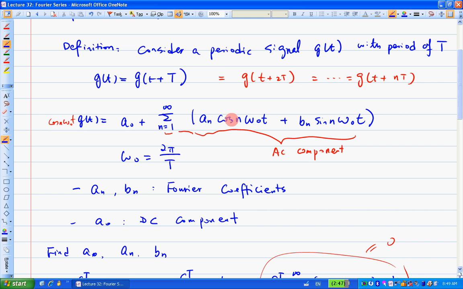You're decomposing the original periodic function, which has a fundamental frequency omega naught, using a linear combination of multiples of this fundamental frequency oscillations: 2 omega naught, 3 omega naught, 4 omega naught, 5 omega naught. Not 1.5 omega naught, not 1.2 omega naught. That's the idea here.